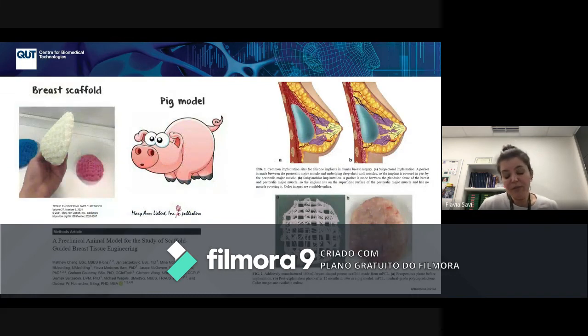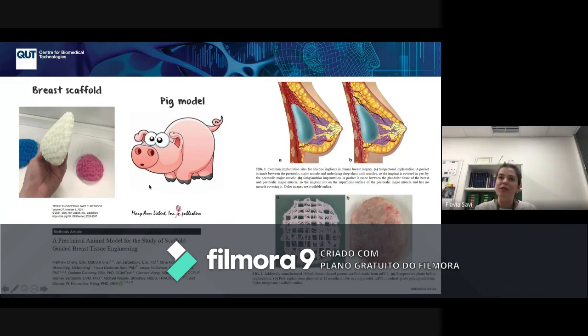So the other studies that we also work on here are the breast scaffolds, which we have been working on lately. The model that we use is the pig model. This is the scaffold that we are currently printing and studying, but it is at the very beginning of the study.